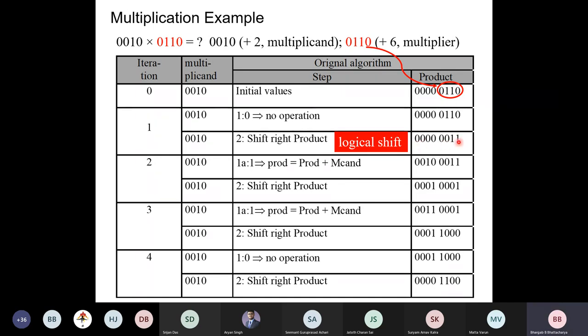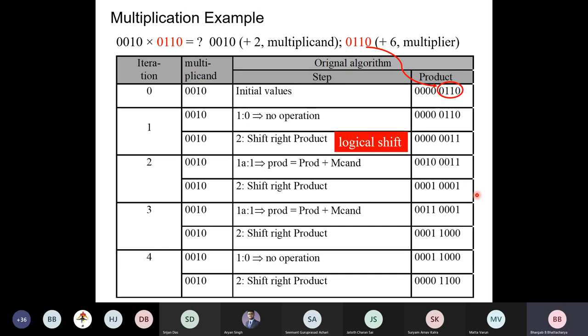Then the rightmost bit is checked again, and this is 1. So we need to add the multiplicand to the product term. What is the multiplicand here? 0010. That is added to the left part here, so this becomes 0010 now, and you shift the product right. Keep on shifting.